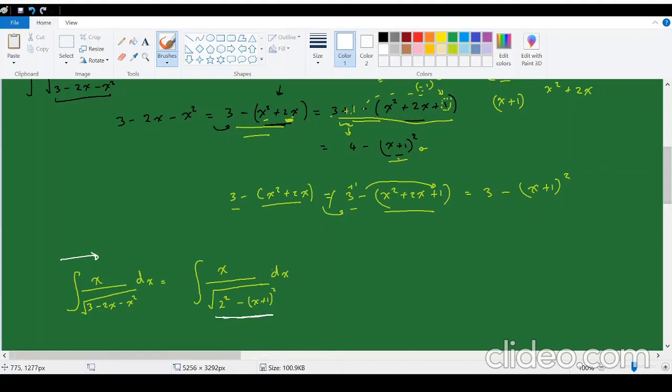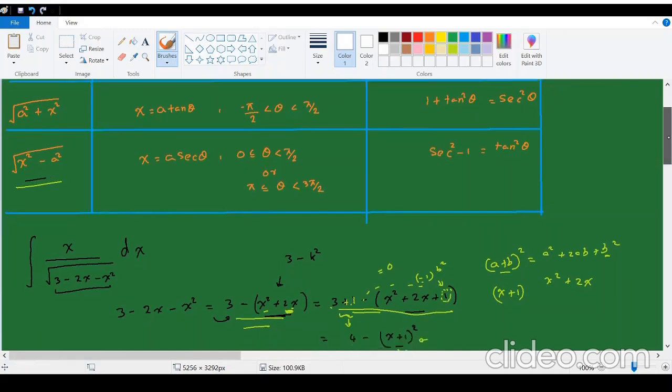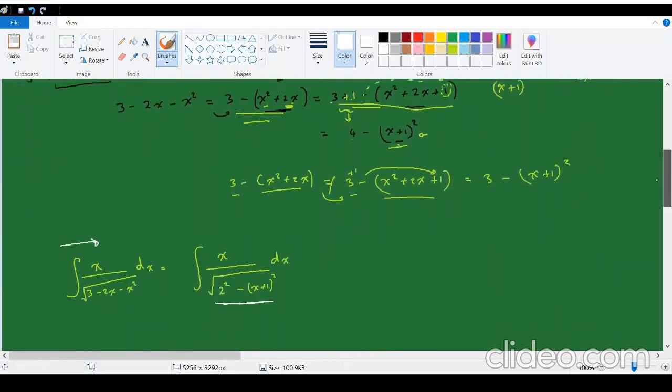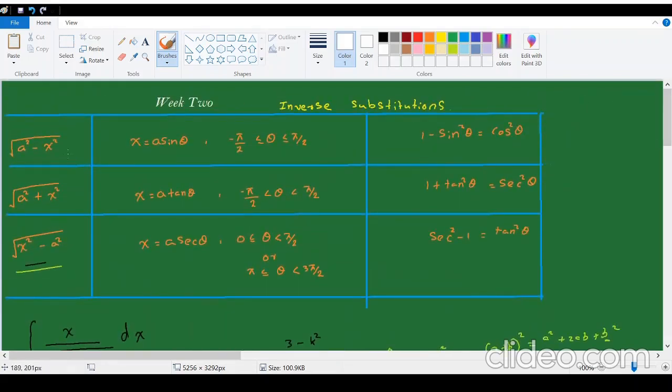The reason why we cannot directly apply the inverse substitutions is because, in the table of inverse substitutions, I'm sorry, for this one it is not the third category, it should be the first category, okay? a squared minus x squared, right? But the thing is, here there are no coefficients for x. You just have x squared.